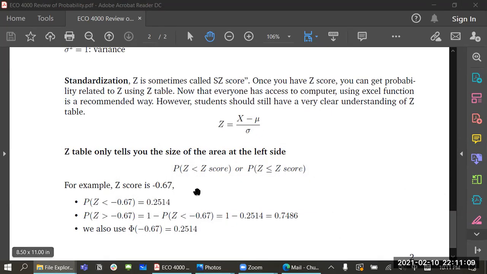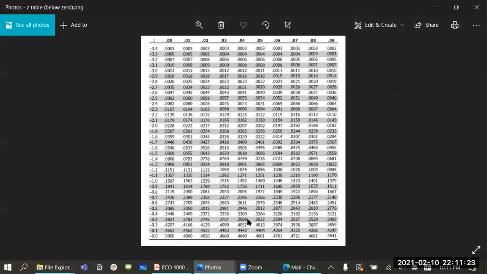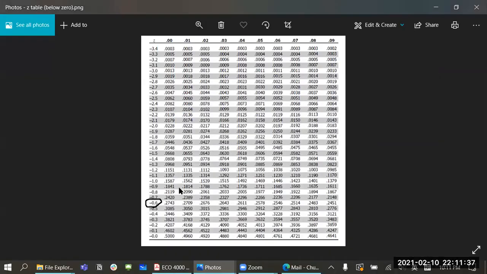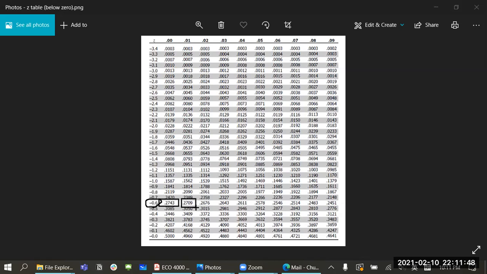Another example that I wrote out here is, how about z-score equals -0.67? Then you go to ZTable, below 0, yes, this is what you need. You find -0.6 first. This one is -0.60, the next one is -0.61.